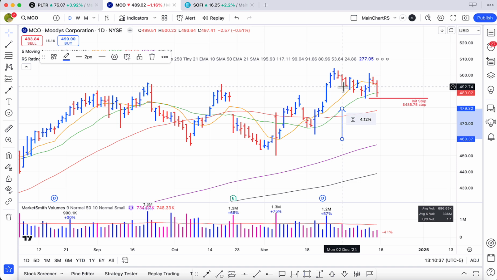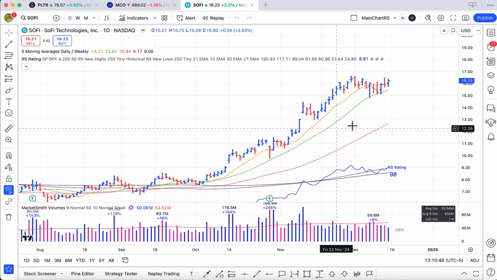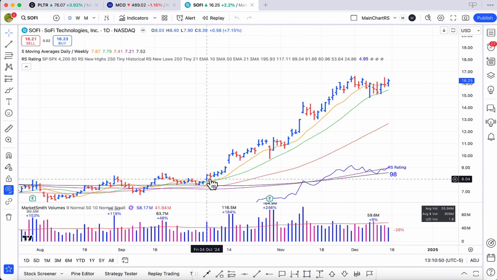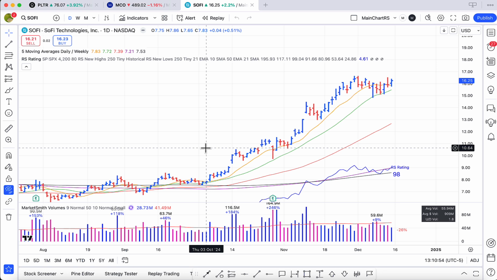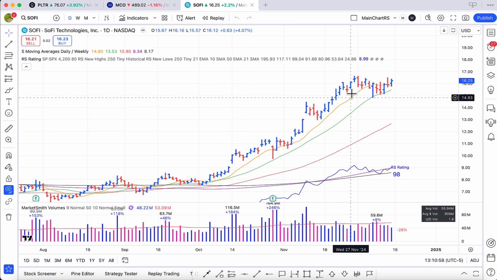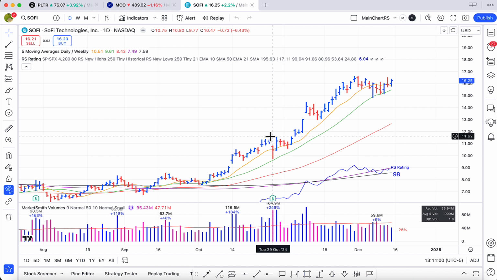And forget about volume and forget about all of that. We're just looking for good closes versus bad closes, good days versus bad days. So if you look, and as you go around, here obviously is a stock that has gone up considerably since the beginning of October, and you see very few red days.